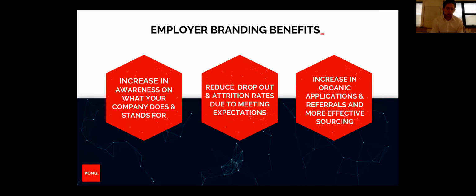When your candidates' and employees' expectations of the values that your company has are met, you'll see a reduction in candidates dropping out early due to the application process and employees leaving once hired. So you can only imagine what kind of cost saving that does. But going back to the graph earlier, this is the level that requires the longest amount of time and is the most complex.